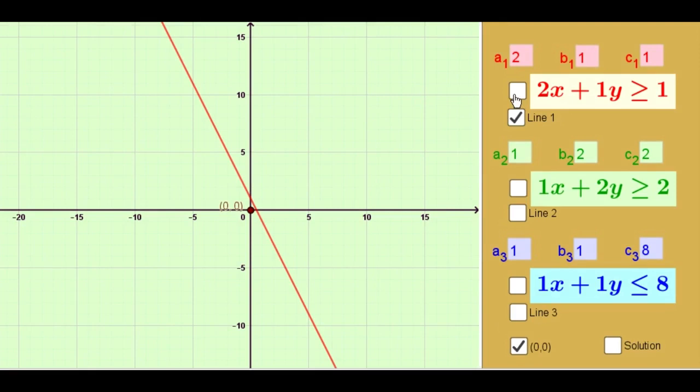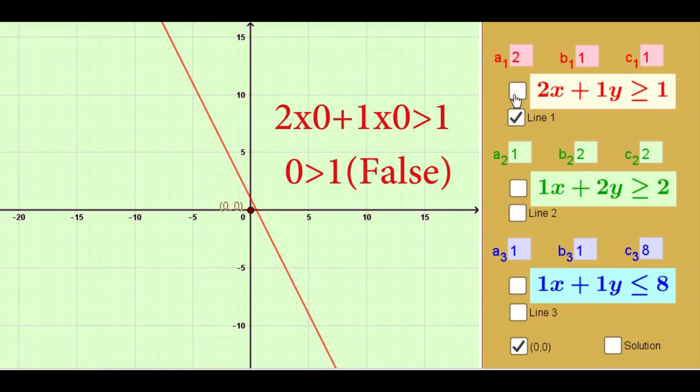So take that point (0, 0) and substitute it in the inequality 2x plus y greater than or equal to 1. After substitution, the left hand side is 0. So 0 greater than or equal to 1 is the result. But this is false.